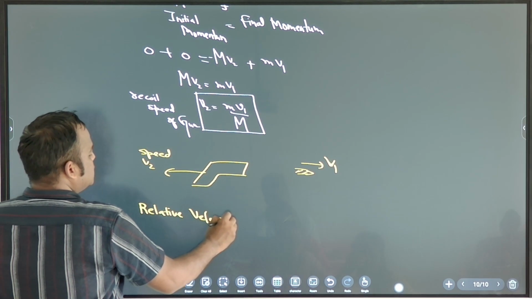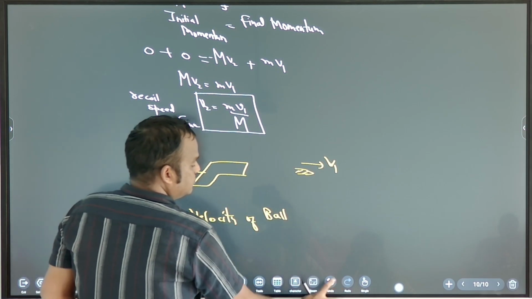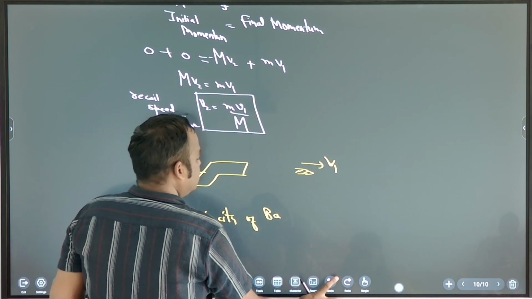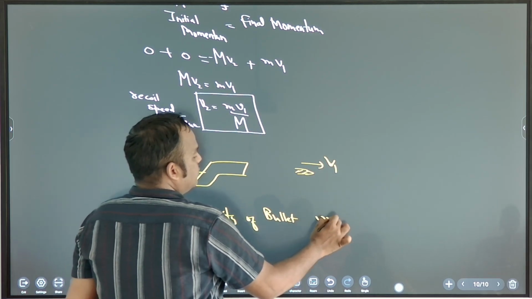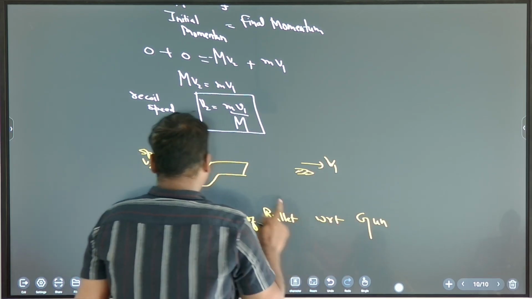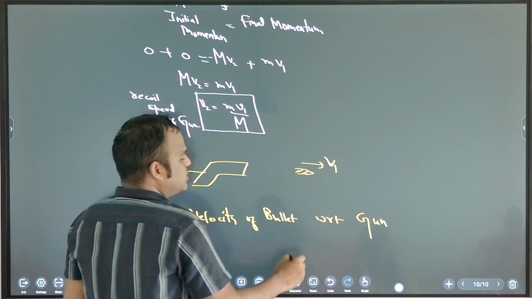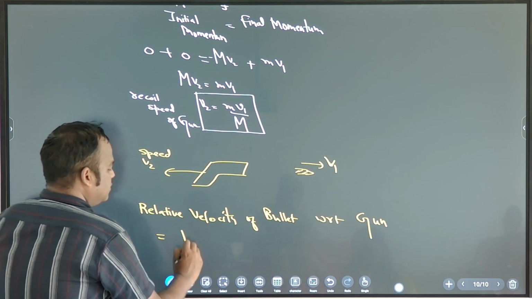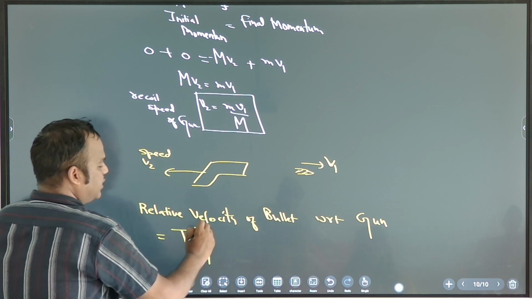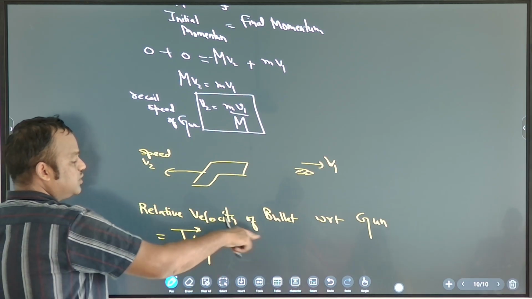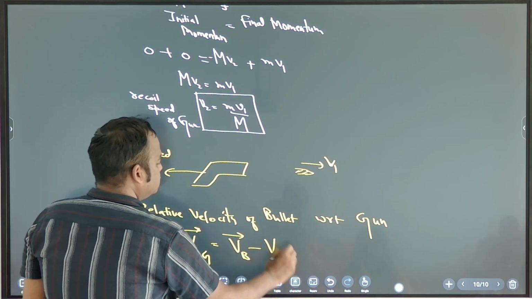Relative velocity of bullet with respect to gun. What is the formula for this? Velocity of bullet with respect to gun in vector form: Vb minus Vg.